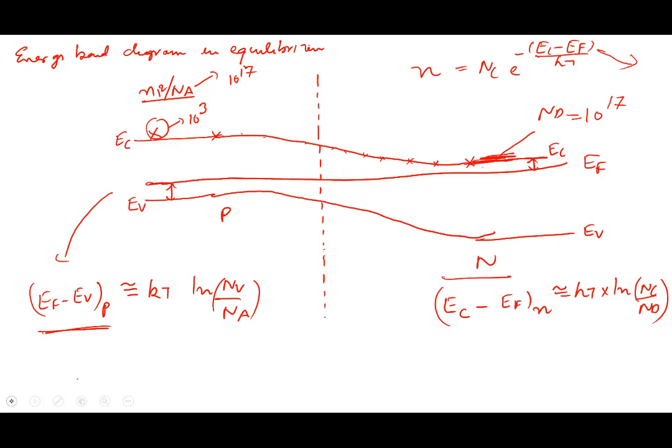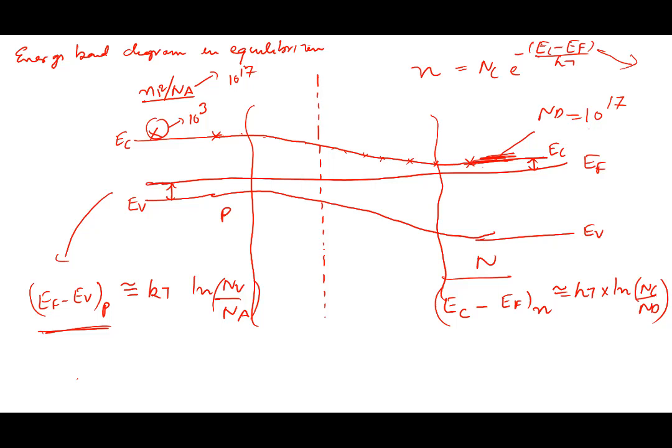Are you seeing that this region is depleted of electrons? As you enter this region, electron density falls from 10 power 17 to 16, 15, 14, 13, and after a while it becomes very, very small. The whole region is depleted of electrons.